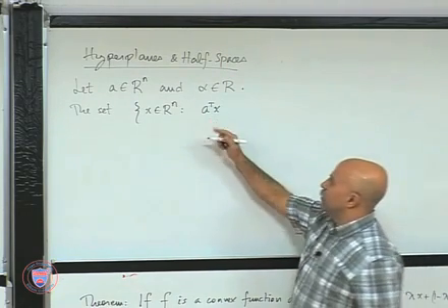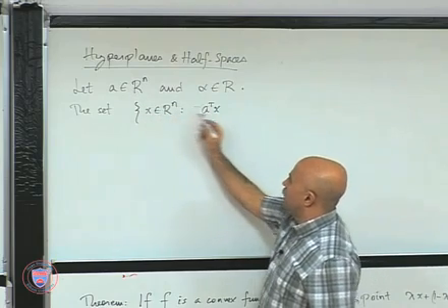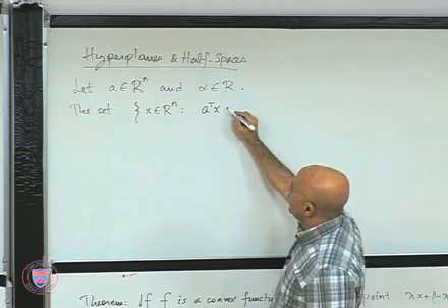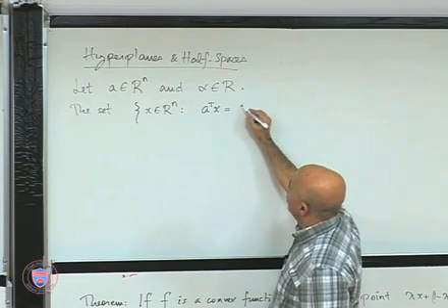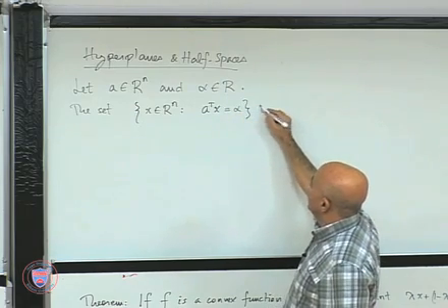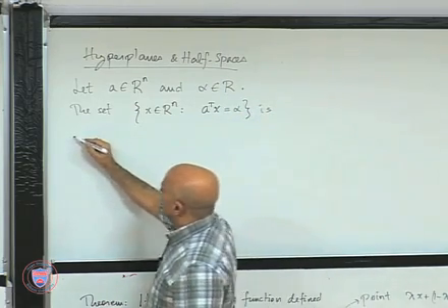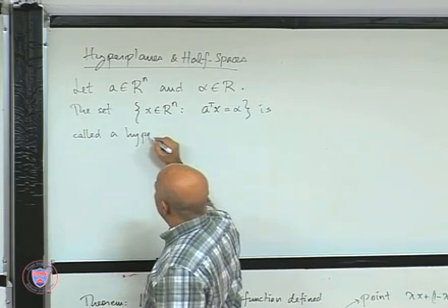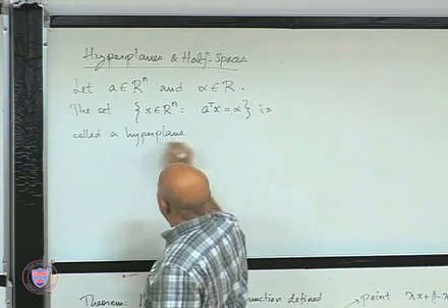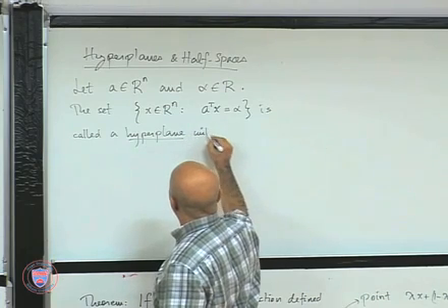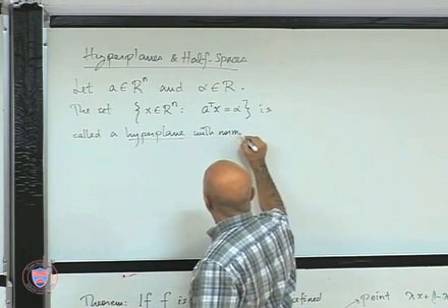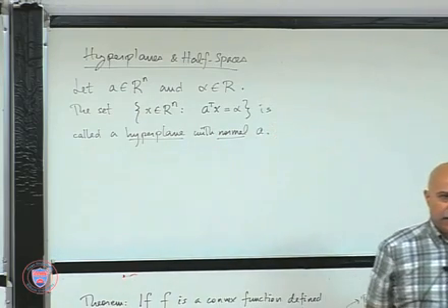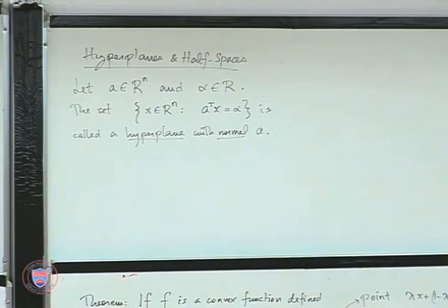So we're talking about the dot product of the row vector A transpose with the column vector x here. So A is the normal of the hyperplane.